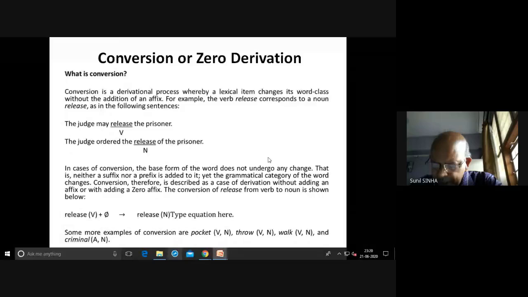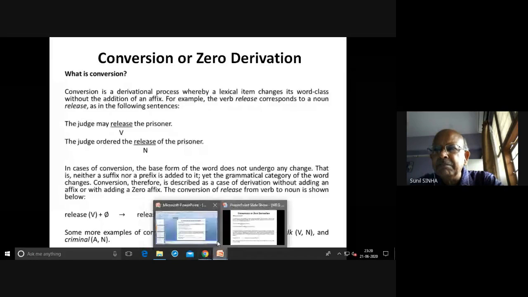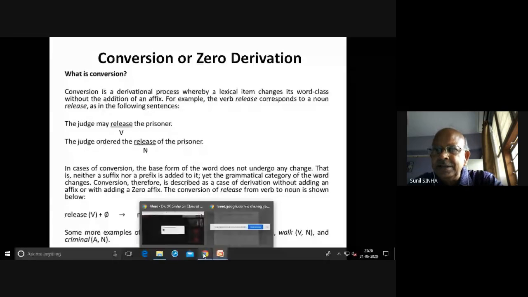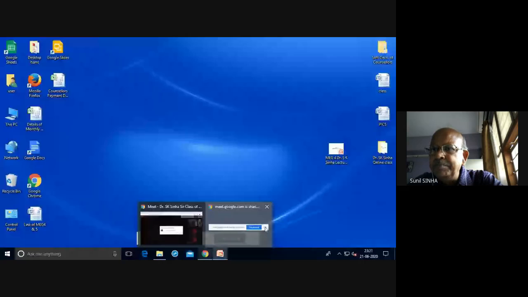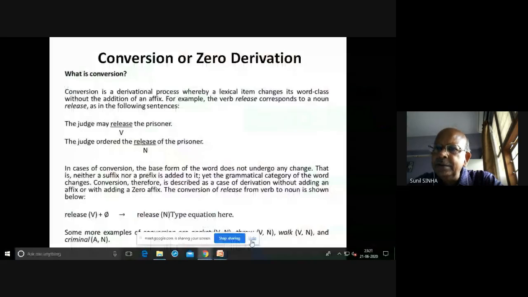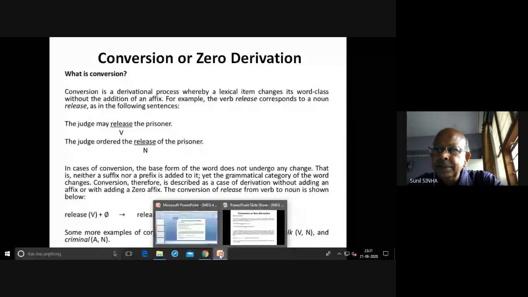So pocket can be used as a verb and also as a noun. If I use it as a noun, then the sentence would be, I put some money in my pocket. So my pocket is a noun.